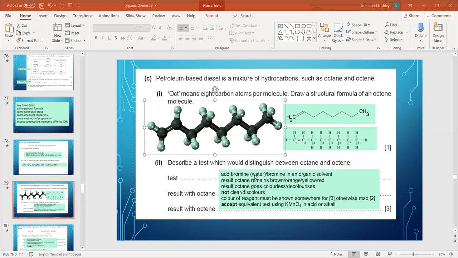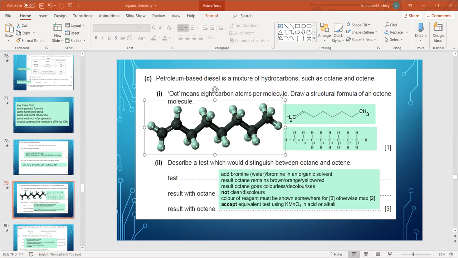The results: octane remains brown orange, right? Octane with bromine water does not show any change. And the reason for that is because the alkane has no double bonds present.